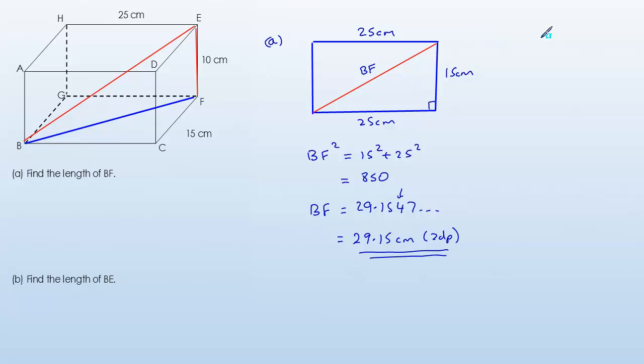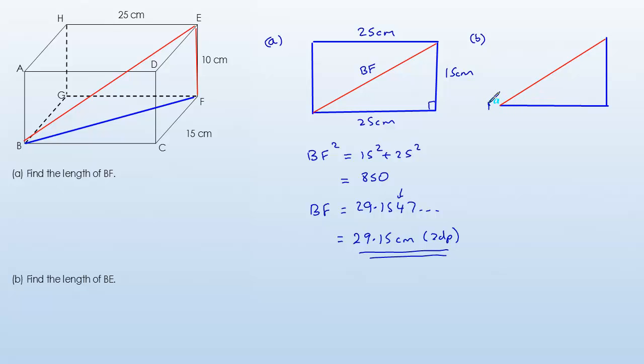So we're working now on part B, and we have this right angled triangle. Well, that's BF, that's FE, and then we have BE like this.